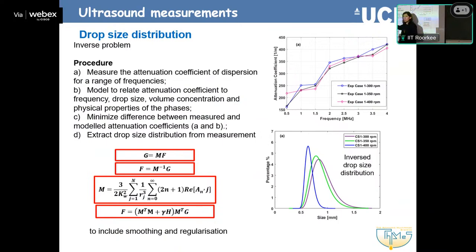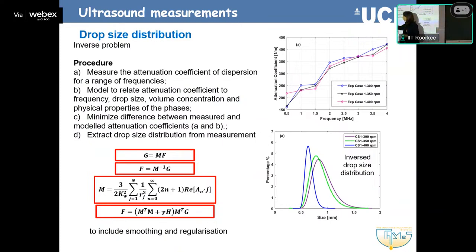What we want is to do the inverse of this. We want to measure the attenuation to get the drop size distribution. So mathematically it's an inverse problem. These are capital because you deal with matrices: many frequencies of the ultrasound to get the drop distribution.